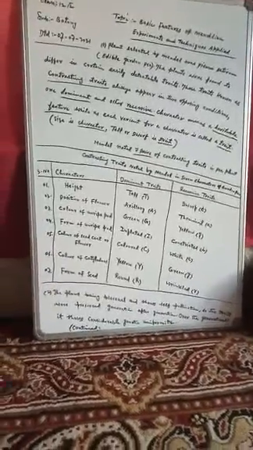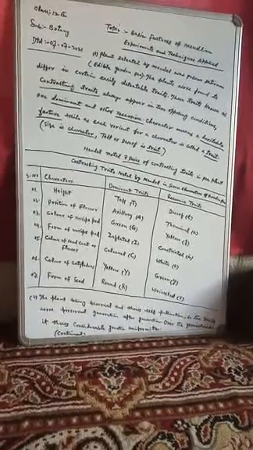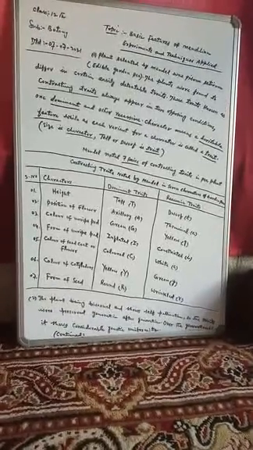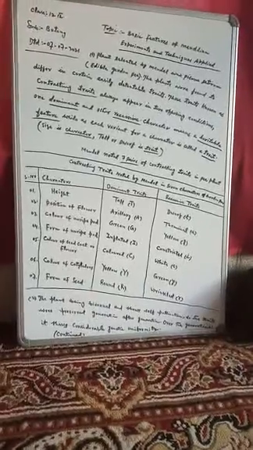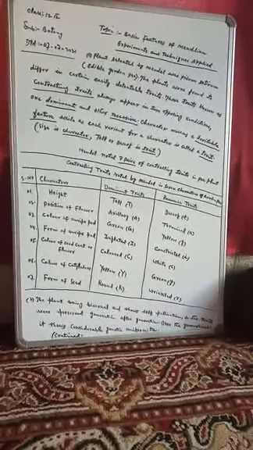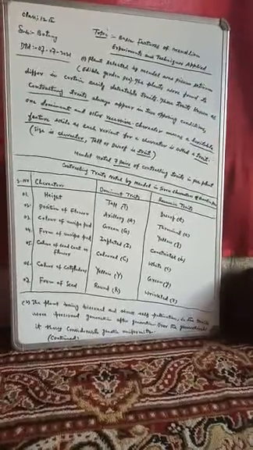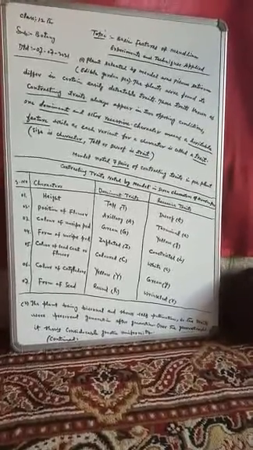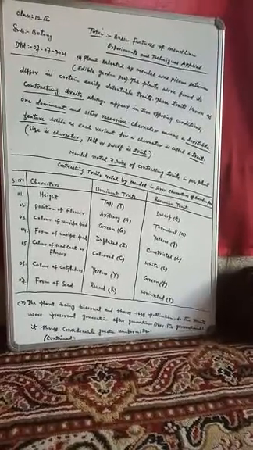Now we will show these 7 pairs of contrasting traits in a tabulated form, and on the top of the table we can write: contrasting traits noted by Mendel in 7 characters of garden pea.